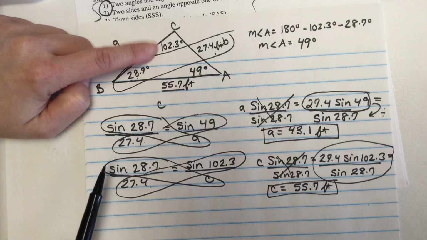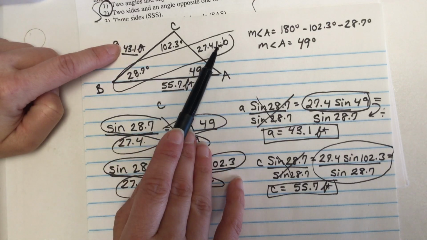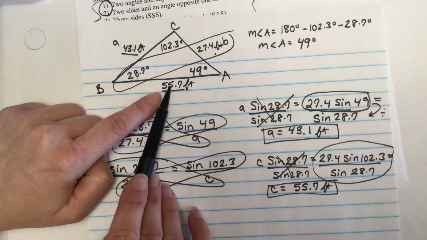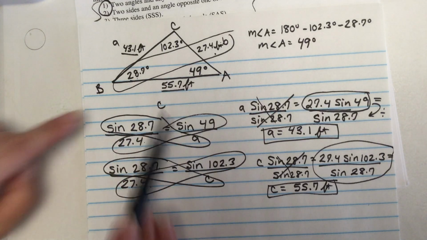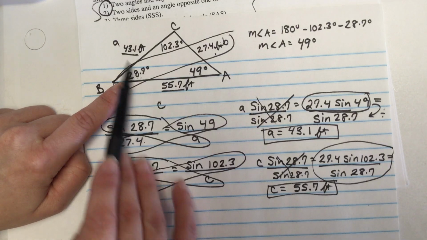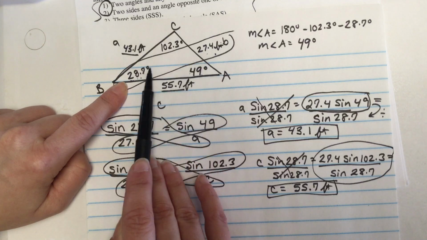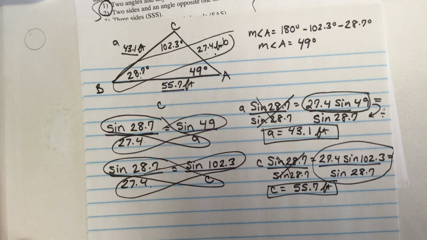So if you look, 102.3 was our biggest angle. Our largest side measurement was 55.7. They are across from one another. My smallest angle is 28.7. My smallest side measurement was 27.4. They are across from one another. So that's just a way to check your work. That should be consistent all the way through all of the problems.